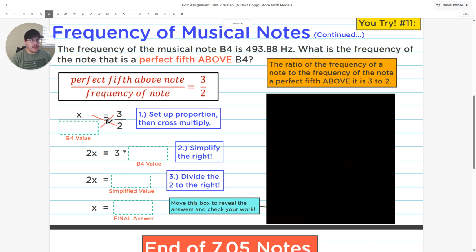So again, we're going to set up this proportion here. 3 over 2 is equal to X over 493.88. And it's at the bottom because we're looking at above. So above means this goes below.